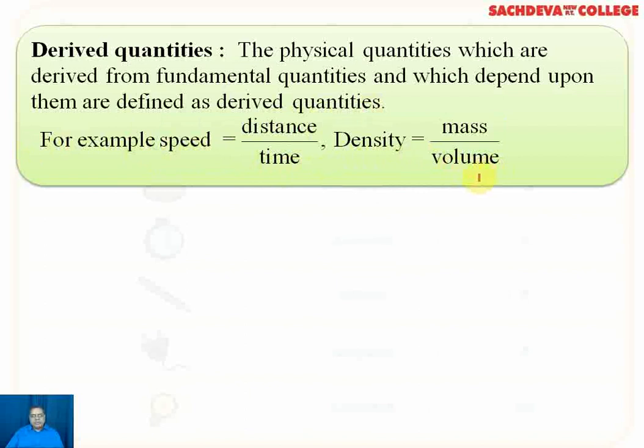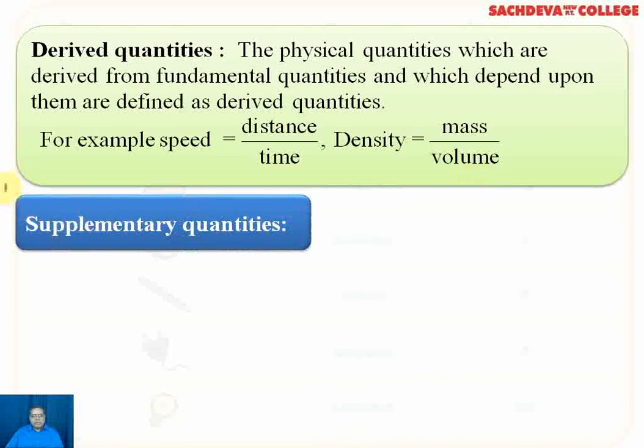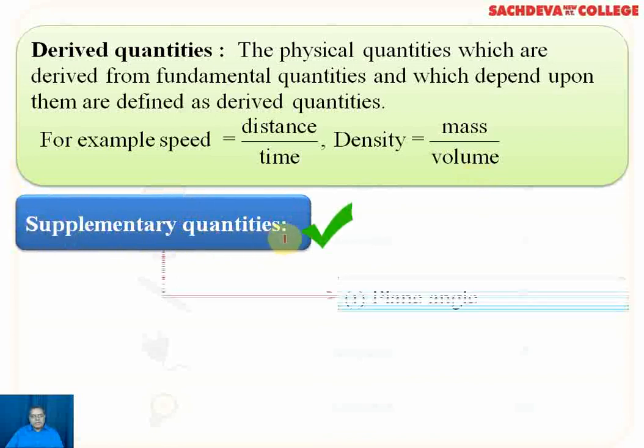So in the case of density, with mass as M and volume as L cubed, the dimension will become M over L cubed, or M L^-3 T^0. Similarly, we can estimate the dimensions of speed. We put the dimension of distance, that is L, and that for time is T, so it will become L T^-1.